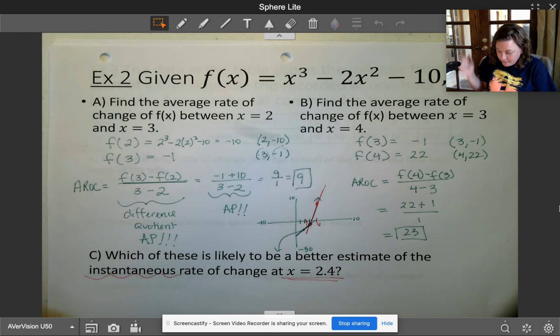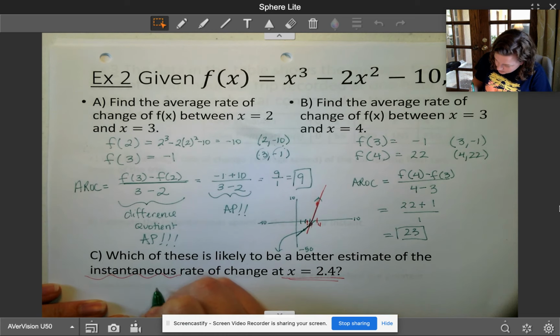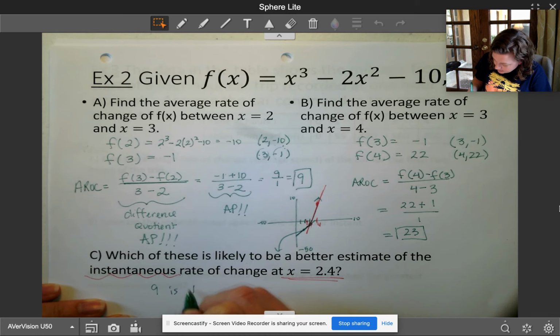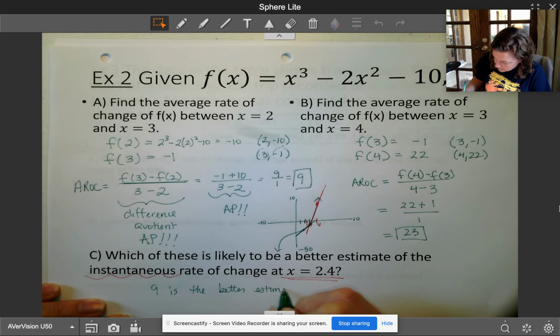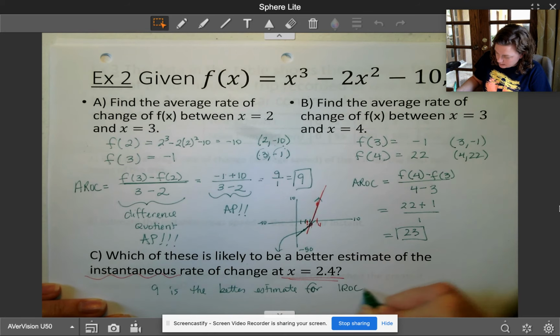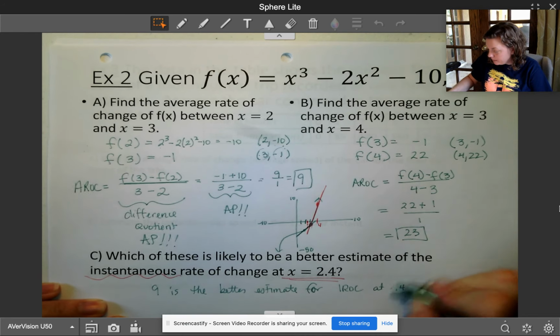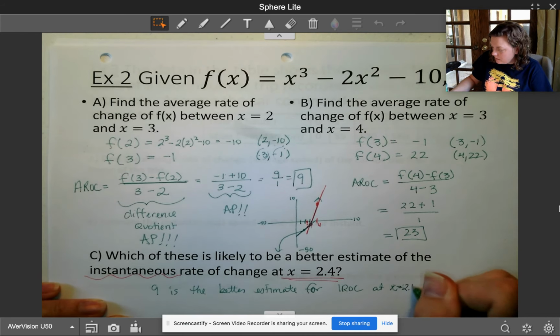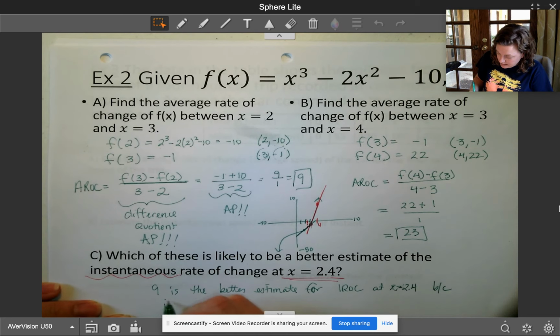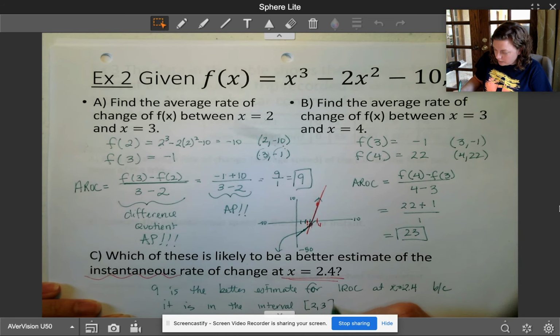Yeah, so definitely 9 is the better estimate at x equals 2.4, because it is in the interval from 2 to 3.